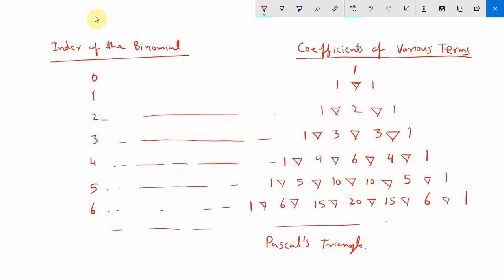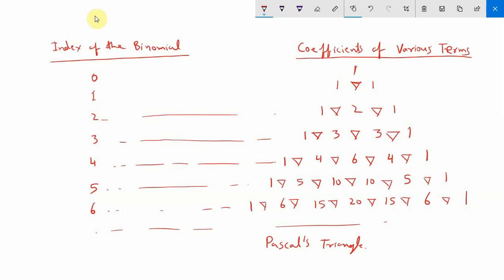So for lower index, we can calculate from Pascal's triangle, but for higher powers or higher index, we need to use the binomial theorem. Now we will see how to expand a binomial expression using the binomial theorem.